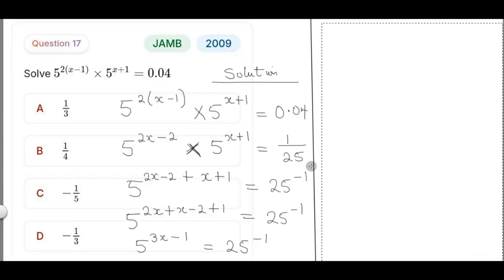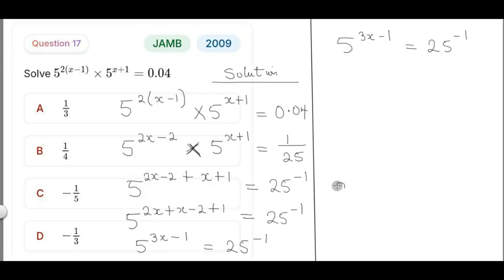Having done that, what I have now is 5 raised to the power of 3x minus 1 equal to 25 raised to the power of minus 1. The next thing I'm going to do is to convert this 25 into an index number in such a way that I would have 5 as the base number so that it can cancel out.